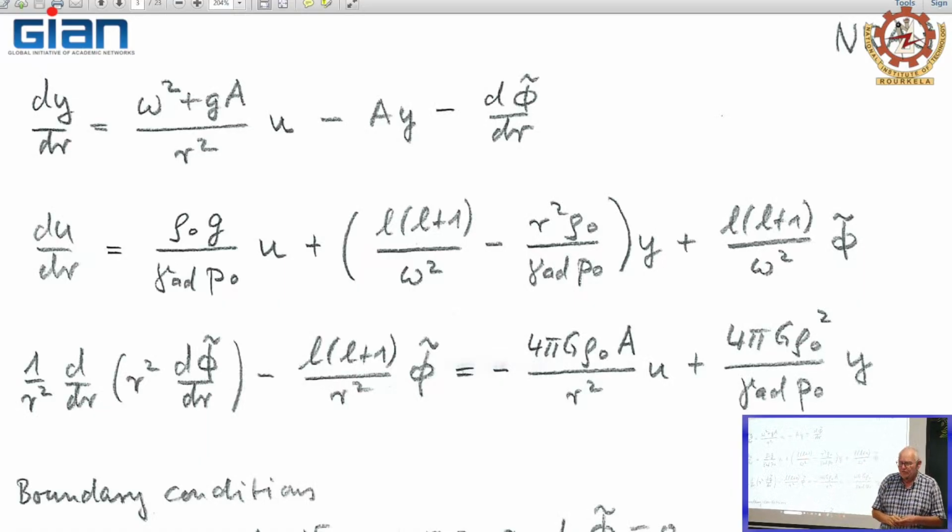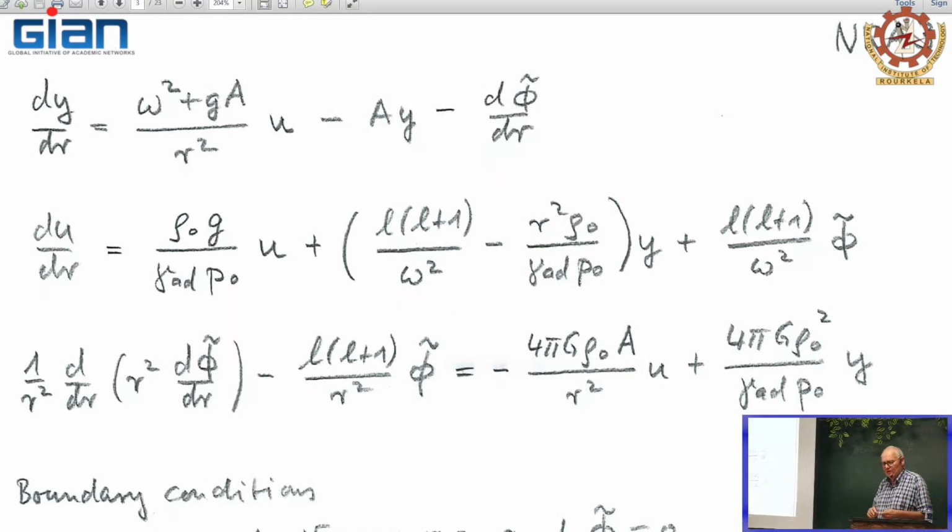This is the difference between the radial and the non-radial adiabatic perturbation equations.